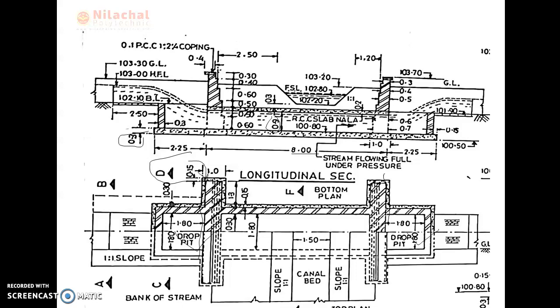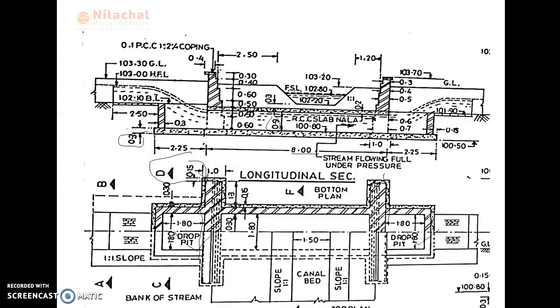First of all, we need to check the length and breadth of the drop it. The drop it inner size is given as 1.80 into 1.80 for the upstream side, and 1.80 into 1.80 for the downstream side also. So for both sides the length and breadth are equal and the height varies. First we need to check the length and the height of the drop it.